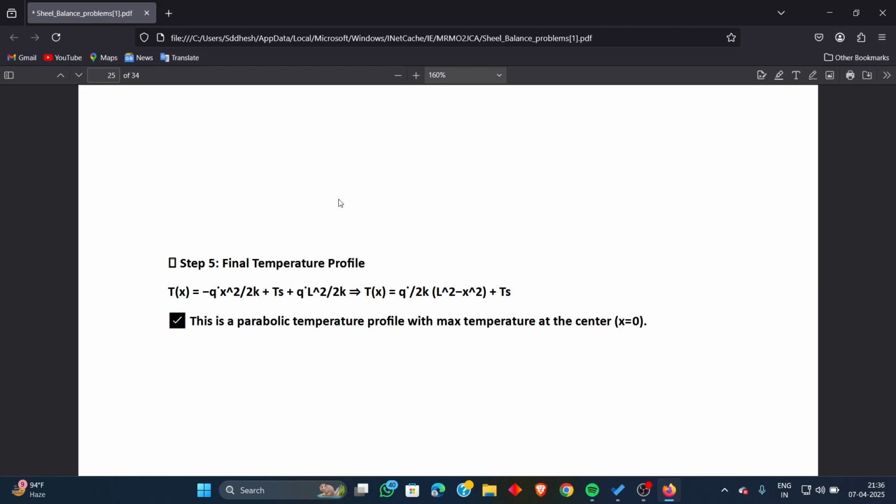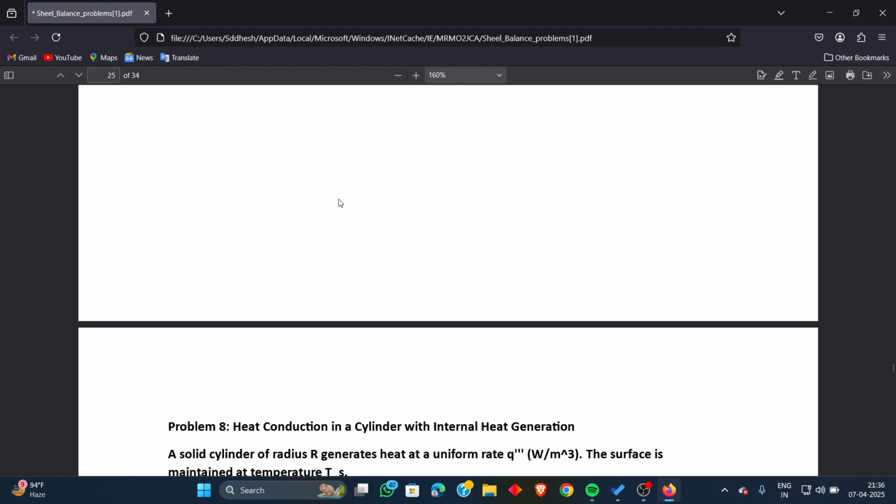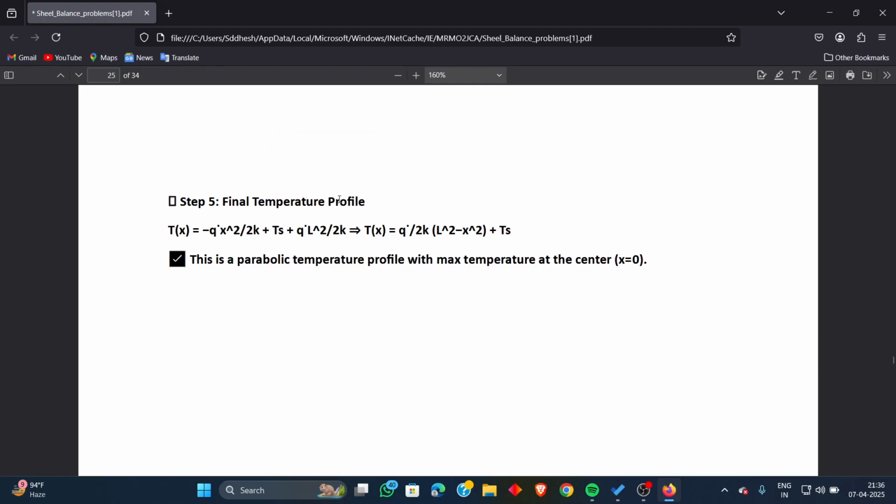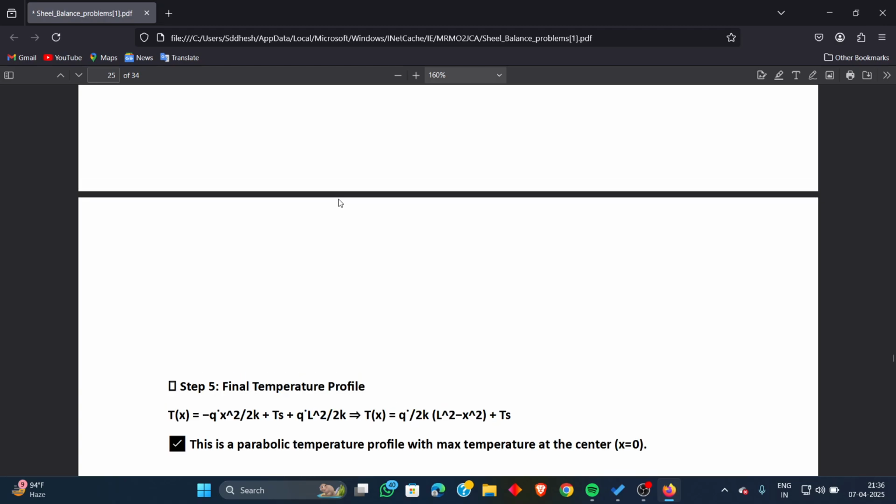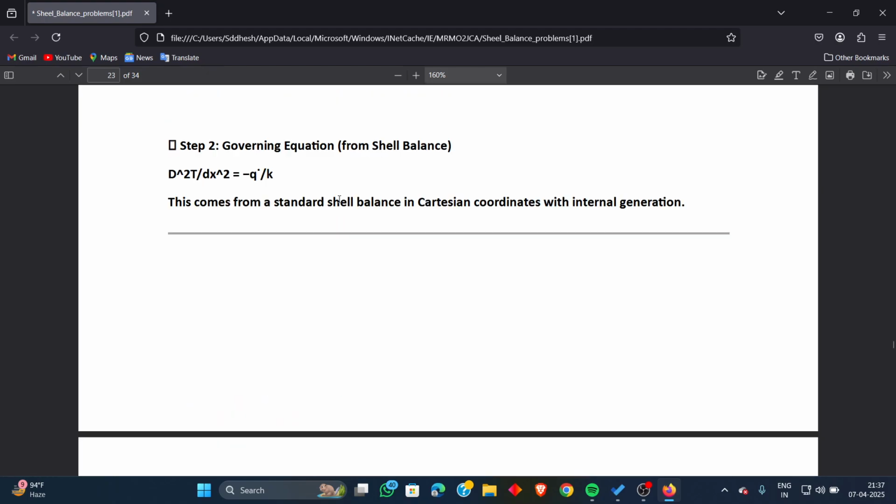This is a parabolic temperature profile with the maximum temperature at the center, x = 0. In this question we understood all the steps, and a parabolic temperature profile is obtained.